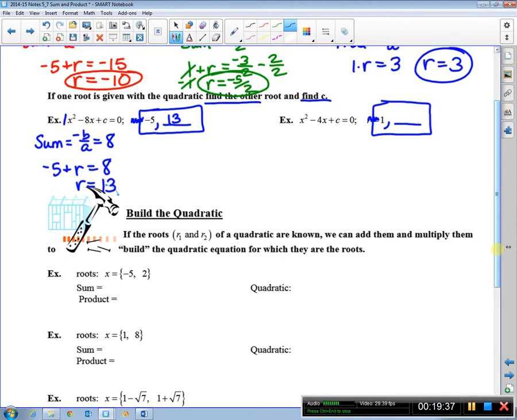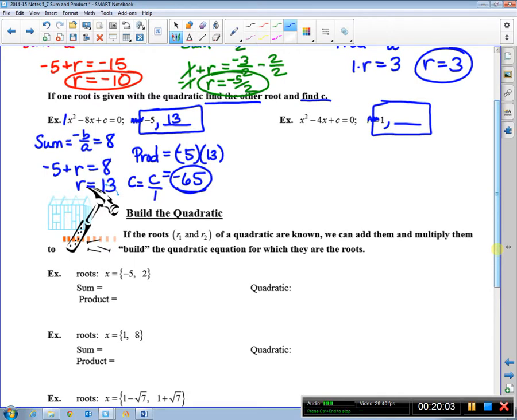So the product of our two roots is negative 5 times 13. That's negative 65. So the value of C, because it's all alone in this part, is negative 65. Or C over 1 is negative 65, which makes C negative 65.